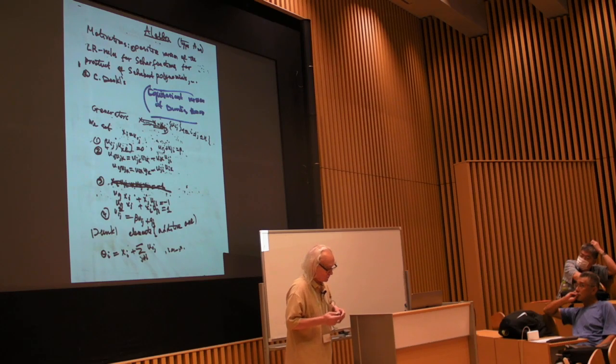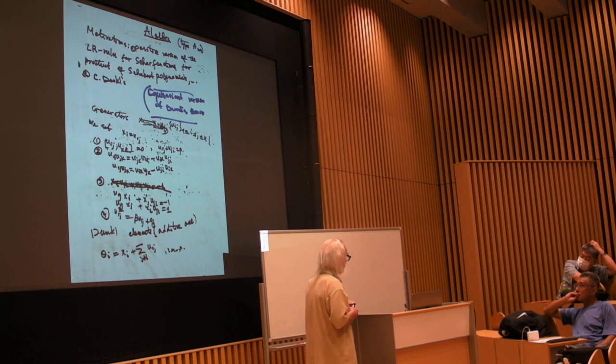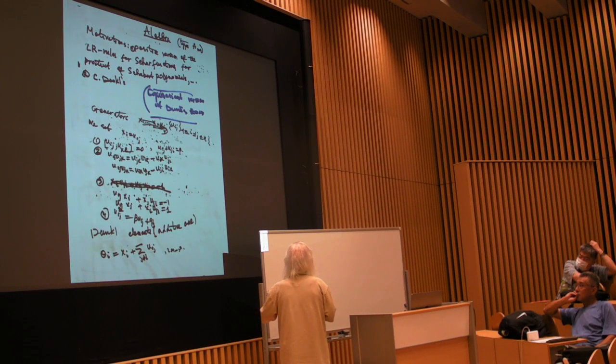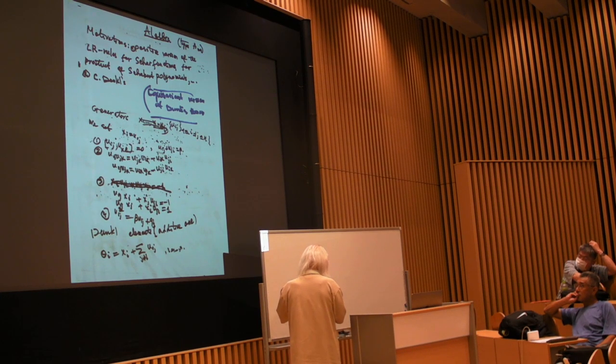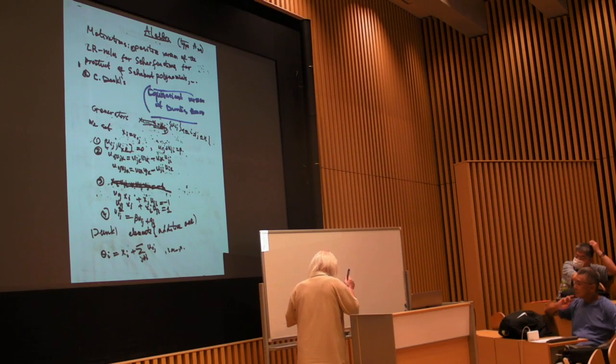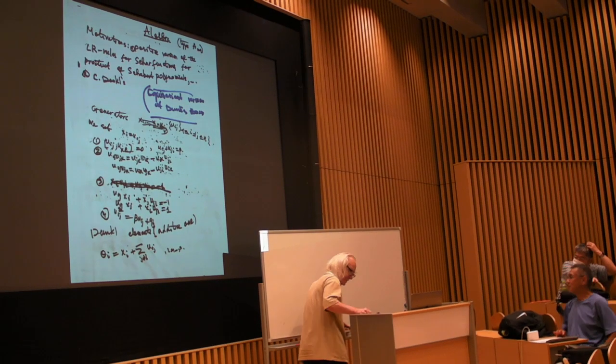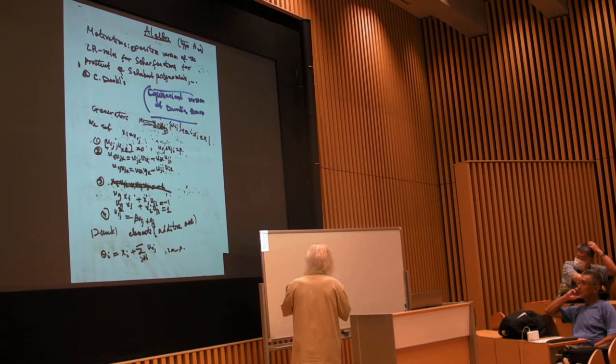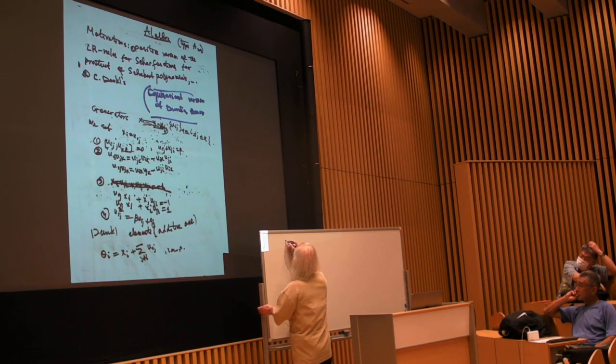Okay, and it is interesting to understand what Dunkl elements and Dunkl operators are. In the simplest case, the type A case, it is very simple: theta i equals x_i plus the sum of u_ij, j not equal to i.